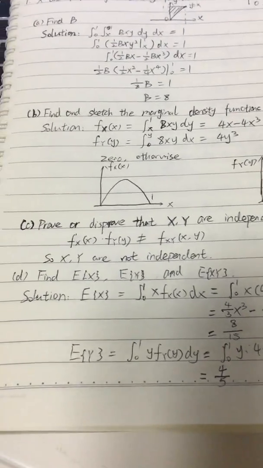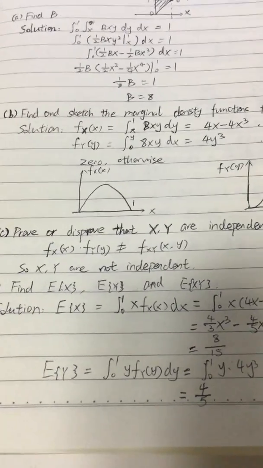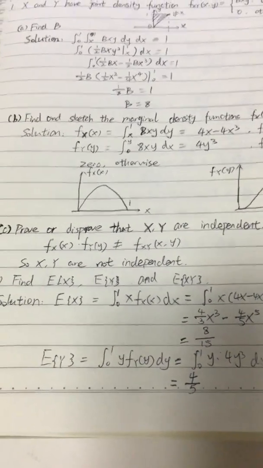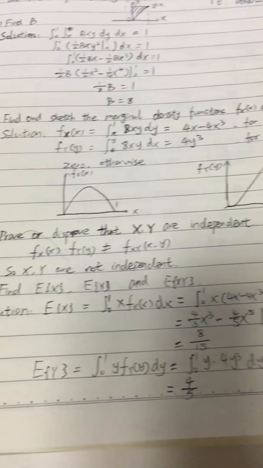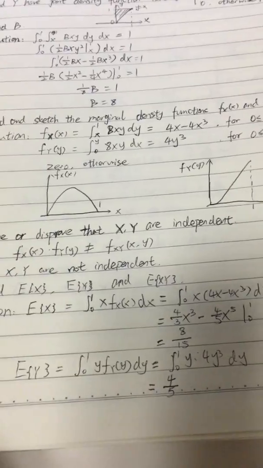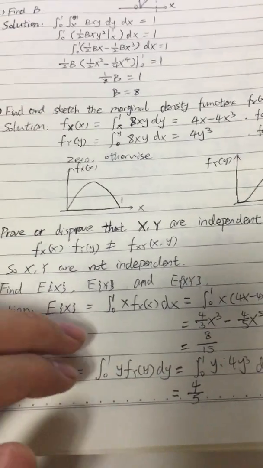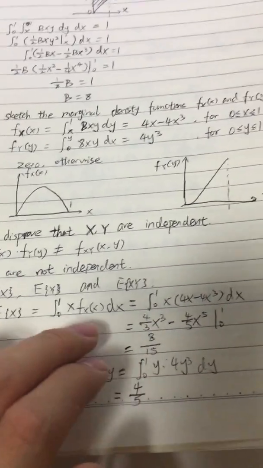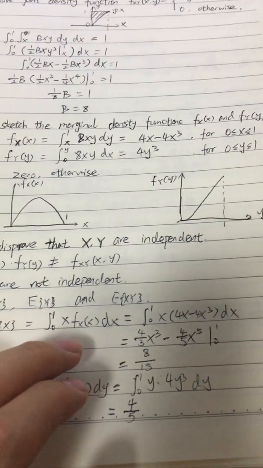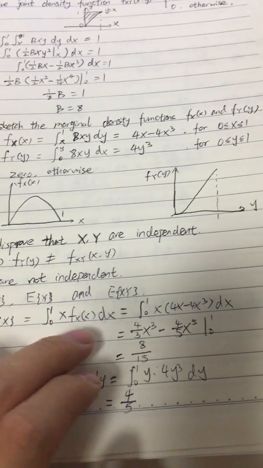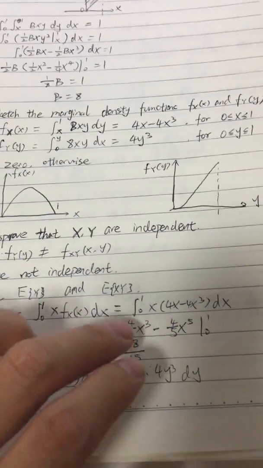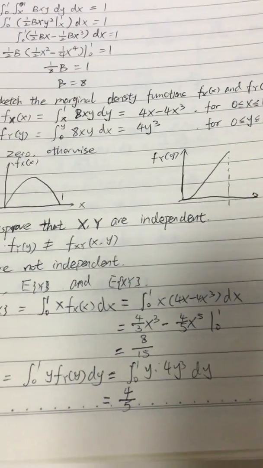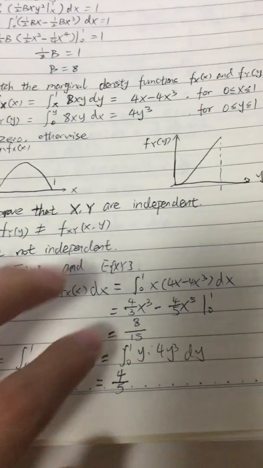And the fourth part is to find ex, ey, and exy. We have solved out the functions fx and fy, so we can easily get ex by integrating x fx over the area of x. We can solve it to be 8/15.